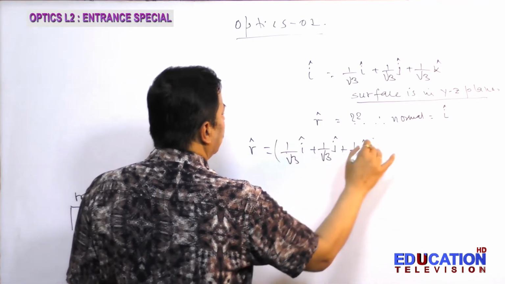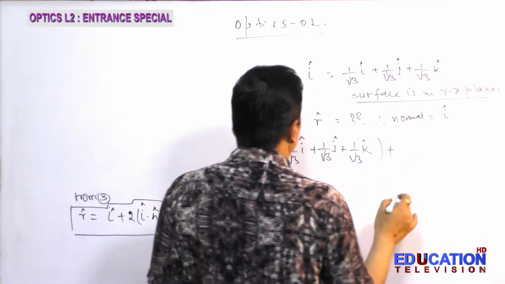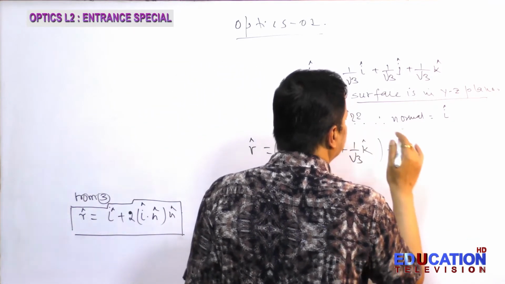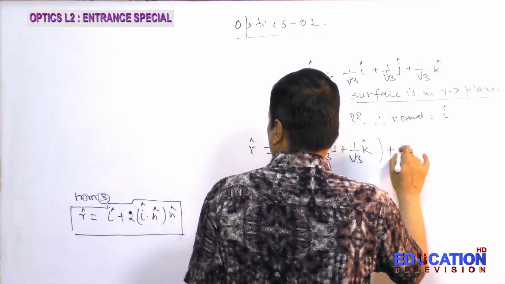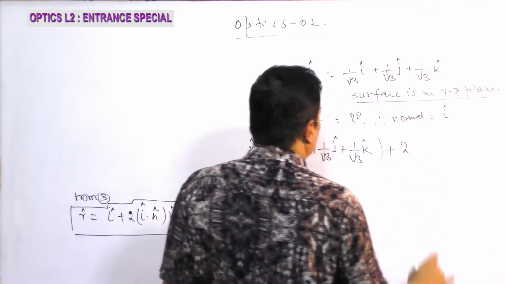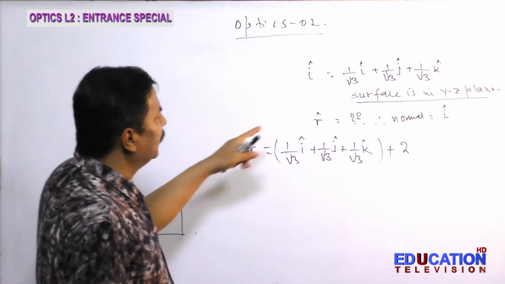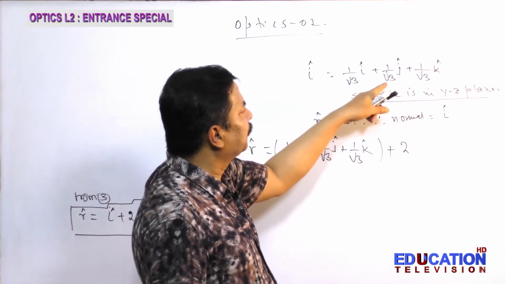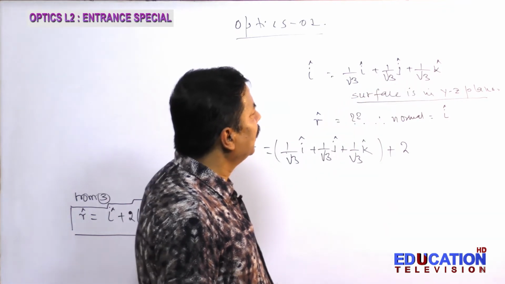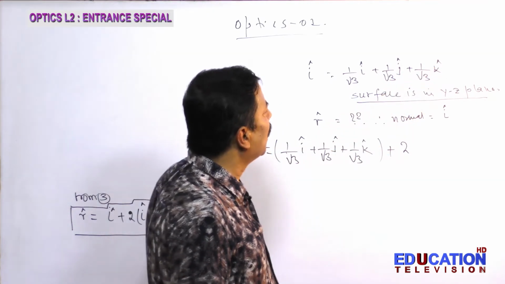plus 2 into I dot n. Now in I dot n, these two terms will be 0. J dot i and k dot i are 0.